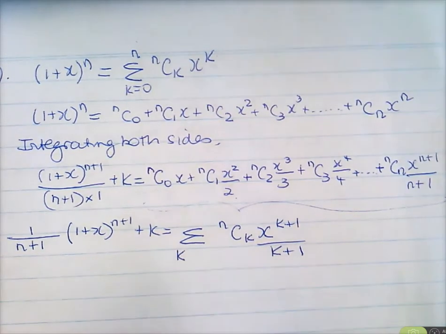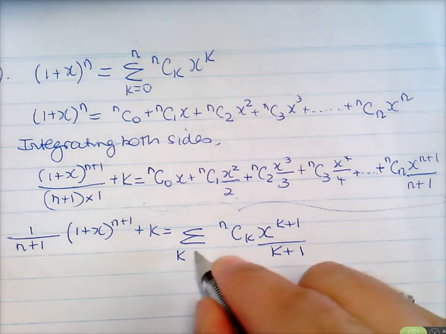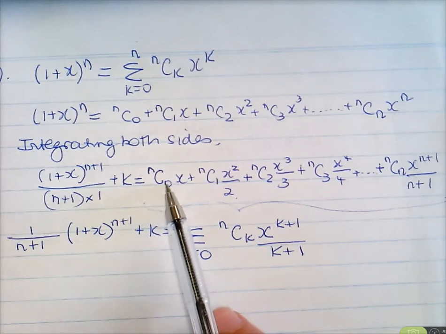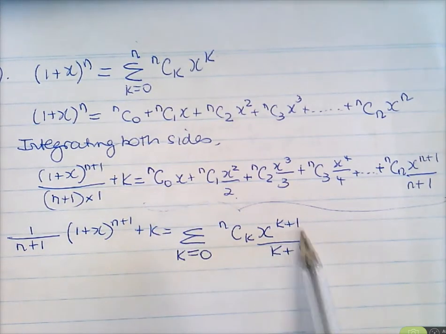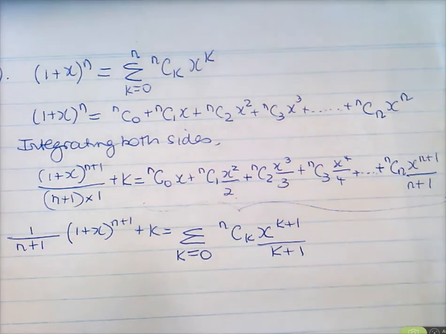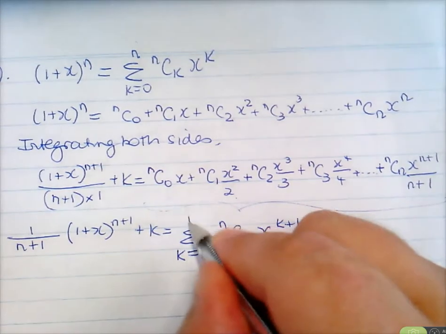Now, what's it starting from, Bob? Yes, it's starting from k is 0, because it's nC0 x to the 0 plus 1 gives us x to the 1 on 1. And what does it go up to? k is n.